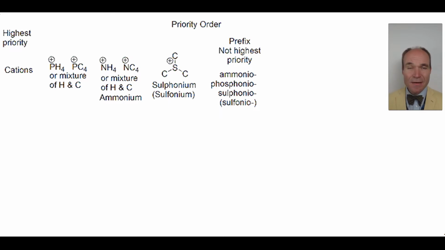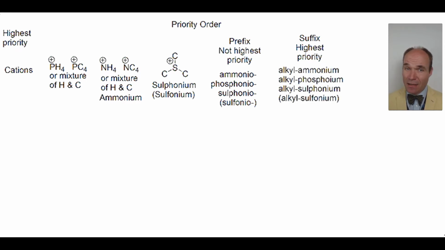Everything changes if the cation is the highest priority functional group in your molecule. Now, they are described as alkyl ammonium, alkyl phosphonium, or alkyl sulfonium.